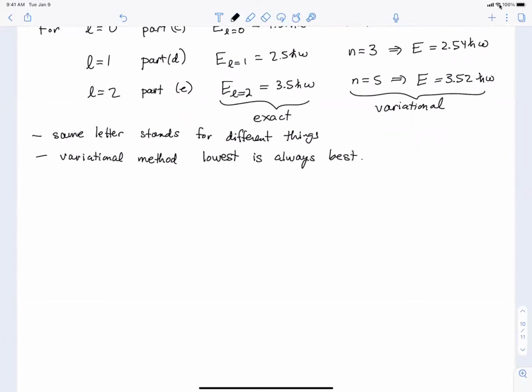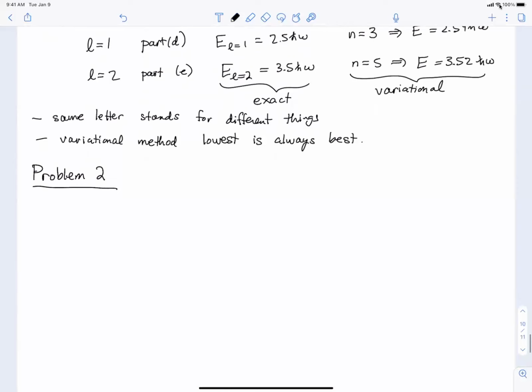Okay, enough about that. The other problem I wanted to comment on was problem 2, because a lot of people didn't get this either, and there was supposed to be a lesson to be learned from this. Here I remind you, the idea was to get the Darwin term, which wasn't too bad, especially since you already knew the answer.